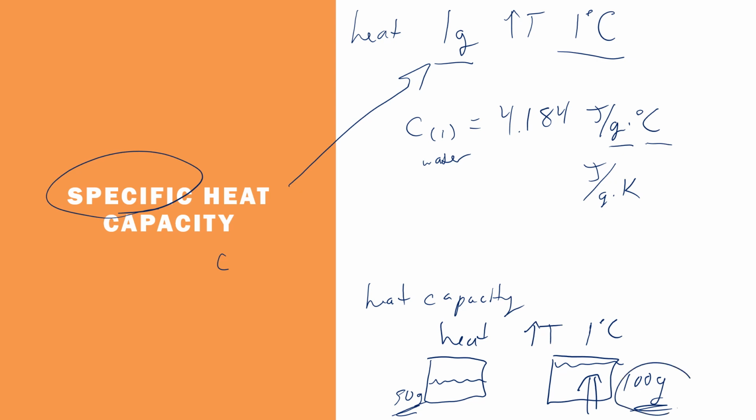So the 100 grams of water has a greater heat capacity than the 50 grams of water. But because they're both water, they have the same specific heat capacity. The general heat capacity doesn't come up a whole lot. Just know that it's going to take more energy when you have more of the stuff. But for the most part, we're going to use specific heat capacity.